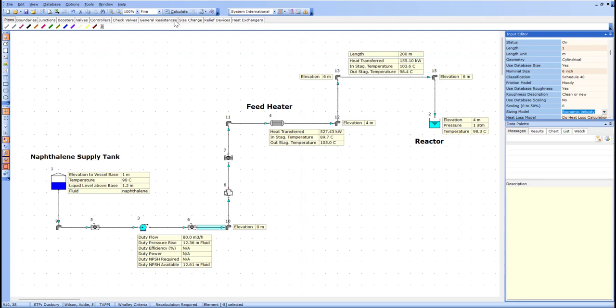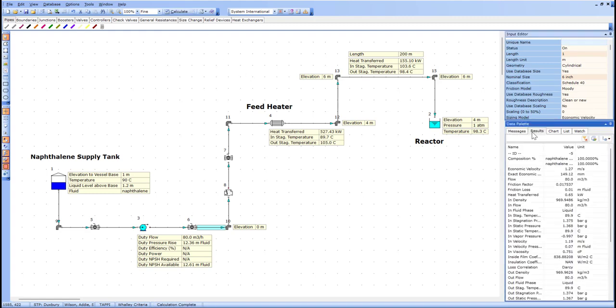The model returns an economic velocity of 1.27 meters per second at the heater inlet and 1.30 meters per second at the outlet, giving economic pipe sizes of 149.1 and 148.2 millimeters respectively. Because the values are nearly identical, we'll use the longer pipe section at the heater outlet.